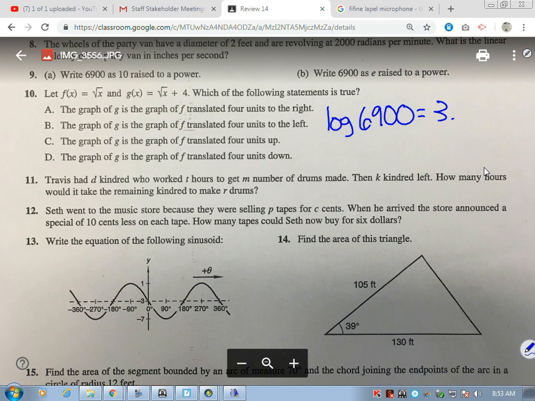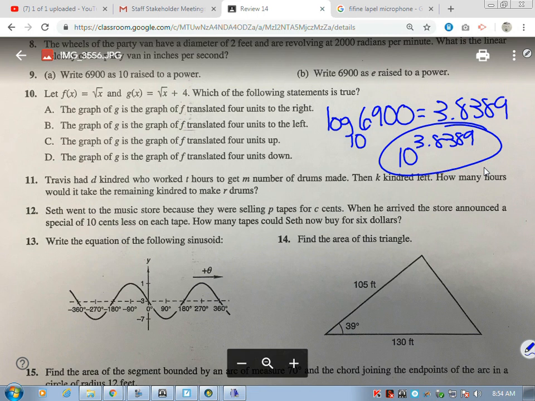Right, 3.8389. Okay, because that's going to be 10. If I change this to exponential form, I would get 10 to the 3.8389 equals 6900. So my answer here is actually 10 to the 3.8389. That's the answer there for A.